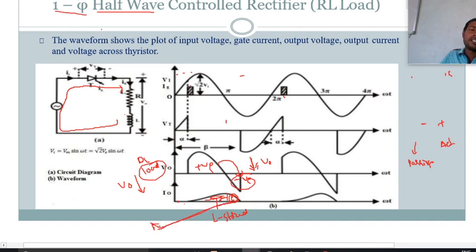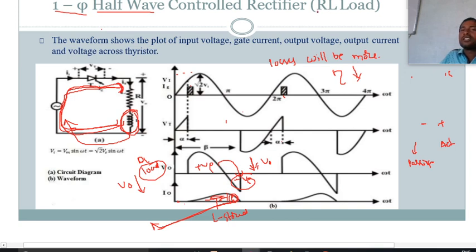While releasing, the current flows in this long path, so losses will be more, and efficiency will decrease. Whatever energy is stored in the inductor is sent back to the supply, so the inductor energy is not utilized properly. These are the disadvantages with the RL load.